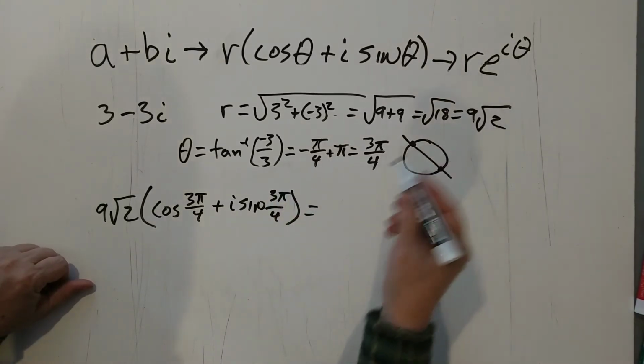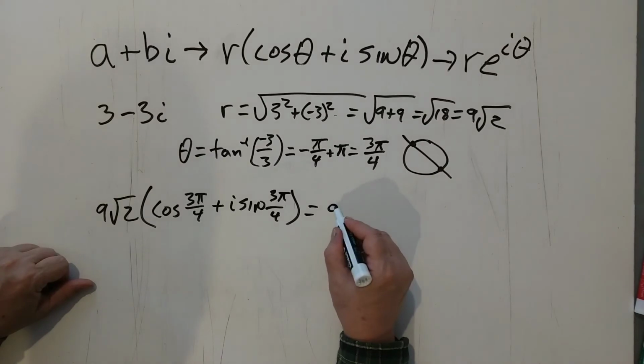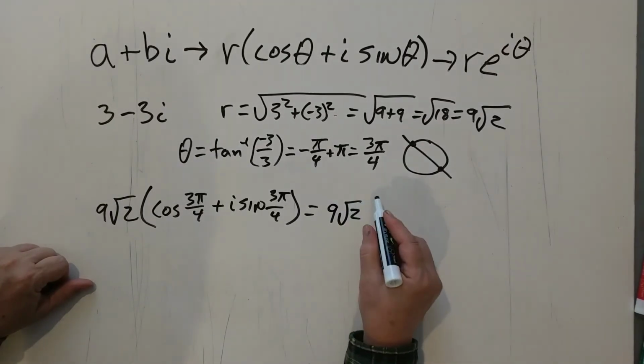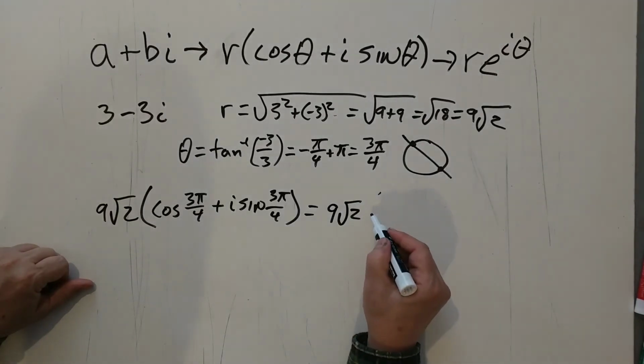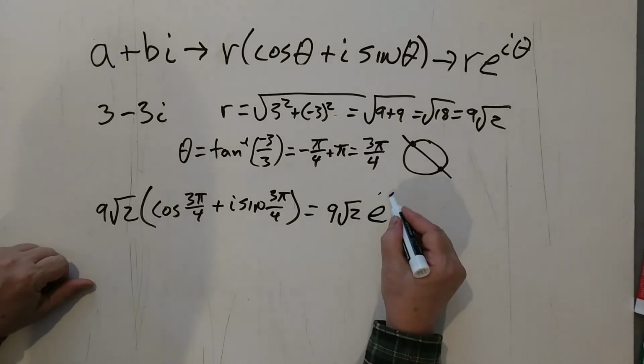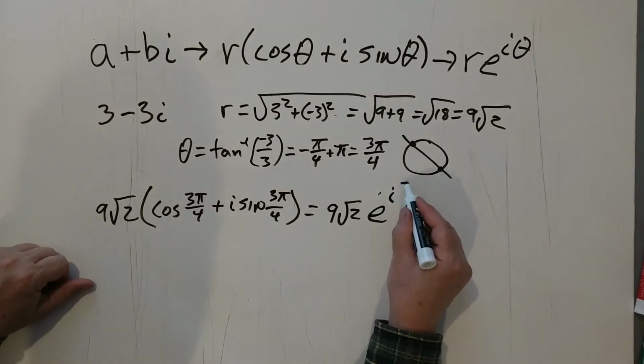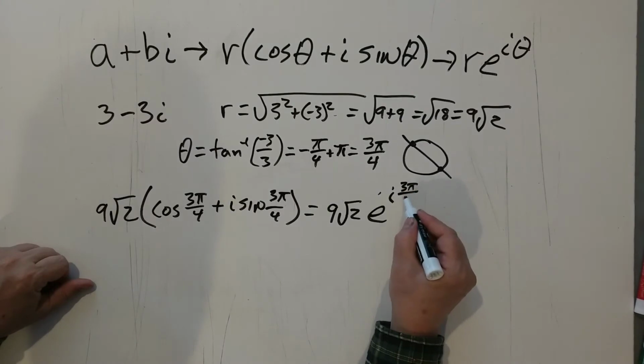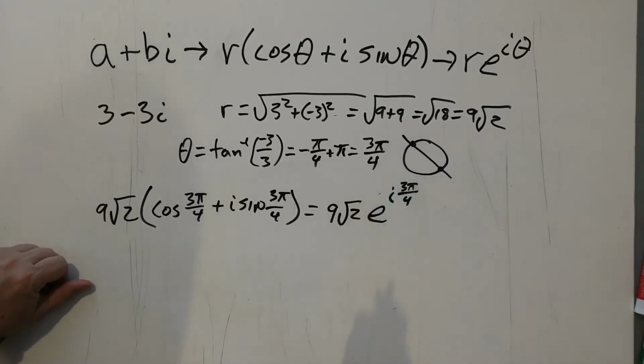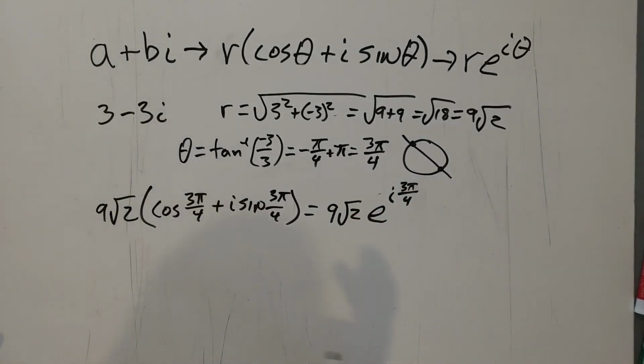Writing it now in exponential form, this will be 3 square roots of 2 times e to the i 3 pi over 4. And that's how we convert from a complex number into exponential form.